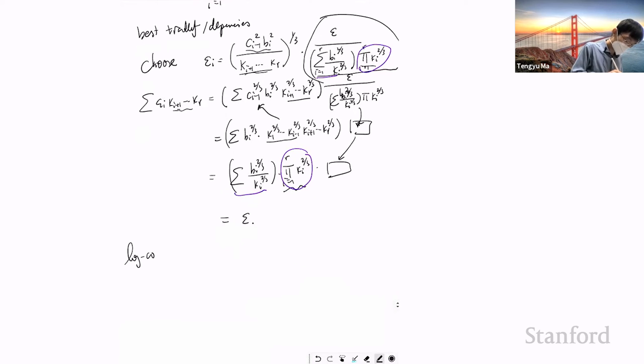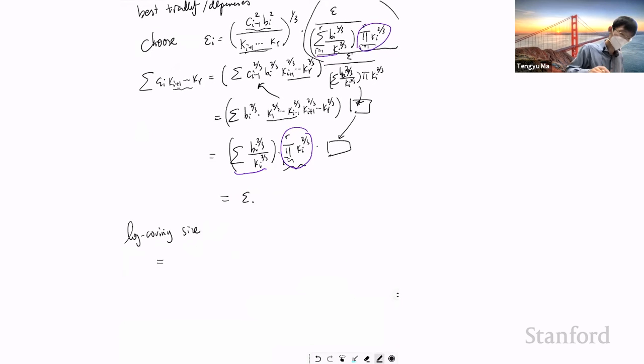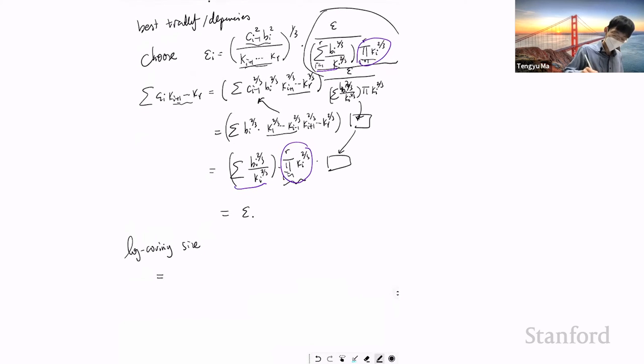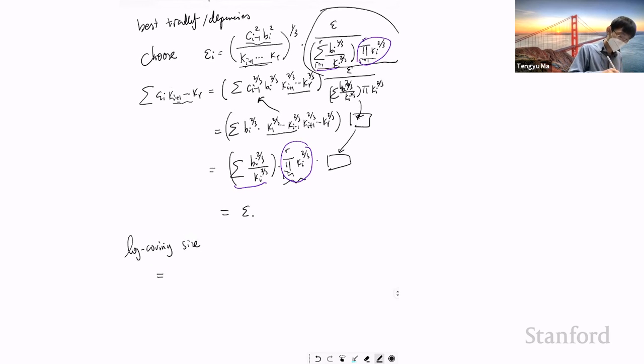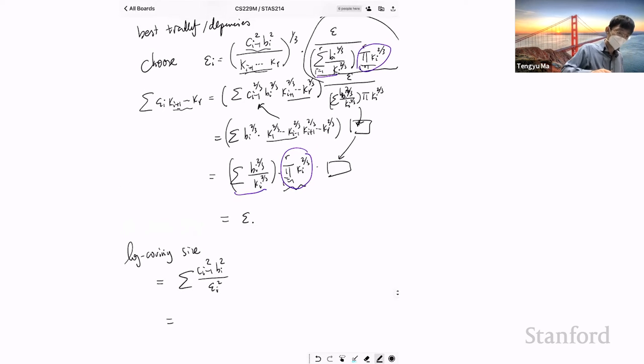And the log covering size is equal to the sum of, let's first write the trivial thing. This is C_{i-1}^2 b_i^2 over epsilon_i^2, and you plug in epsilon_i here, so you get this gigantic thing.